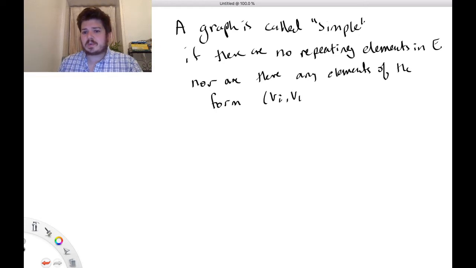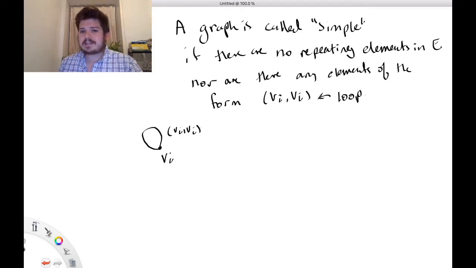So this is what we call a loop. So here is Vi, Vi. So it's an edge where it starts and ends at the same point.